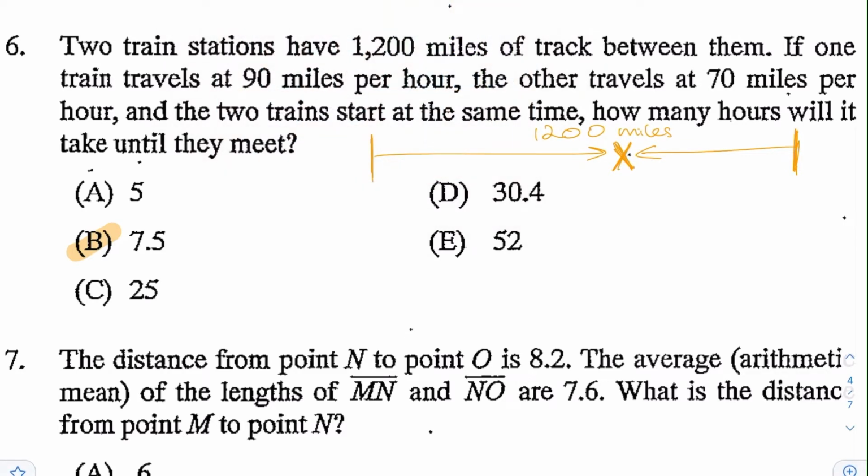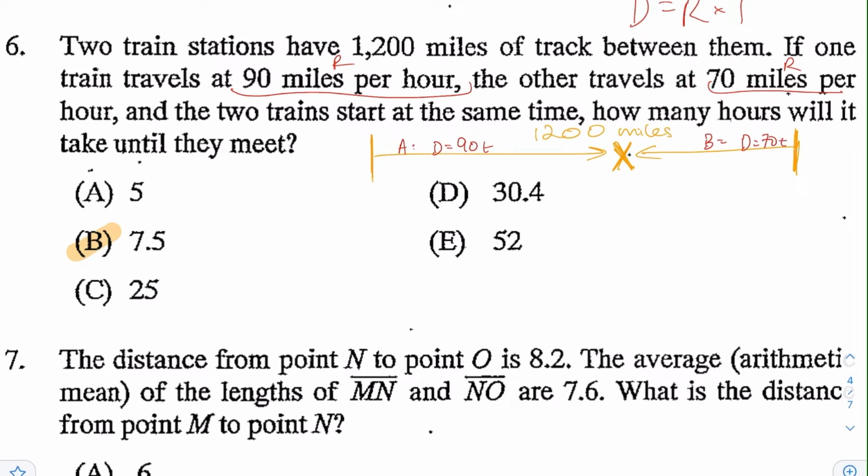Now, because you have a rate R, and you have some distance D, and they start at the same time, which is T, you'll use the formula distance equals rate times time. So the distance that train A travels will be D equals 90 times T. For train B, the distance will be 70 times T, because it only travels 70 miles an hour.